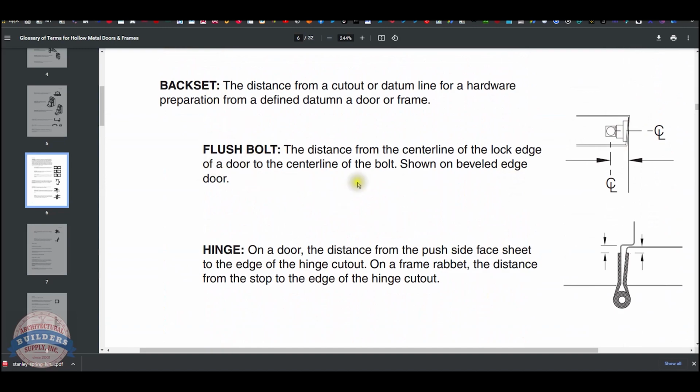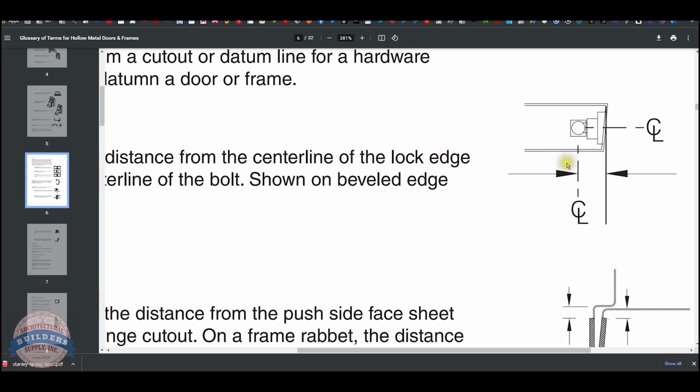So let's start with flush bolt. The distance from the center line of a lock edge of a door to the center line of the bolt, shown on beveled edge door. So in terms of the backset of a flush bolt, sure, you need to know what that is when you are drilling a wood door for a flush bolt.